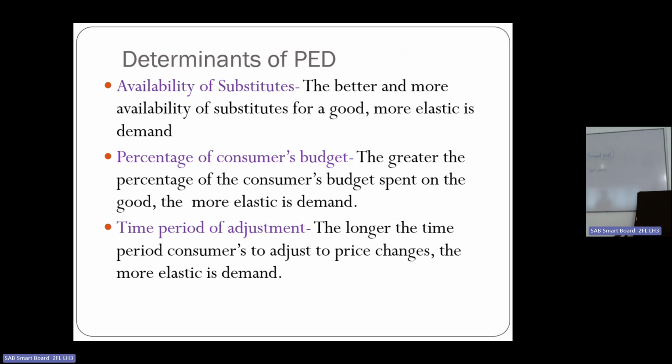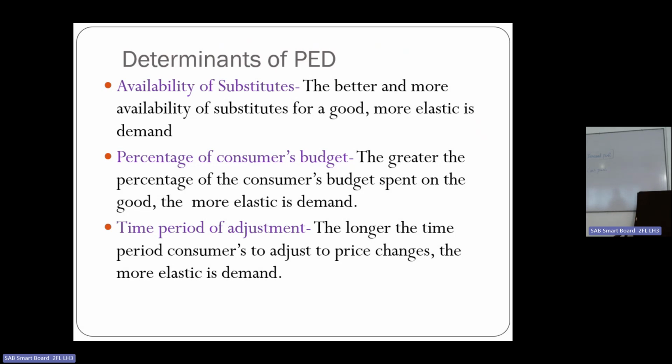In the short run, even though the price increases, there is no immediate significant impact. Once time passes, we get information about the other products and we adjust the demand. In the short run demand is inelastic, but as time passes, demand becomes elastic. So the time period is also a factor.